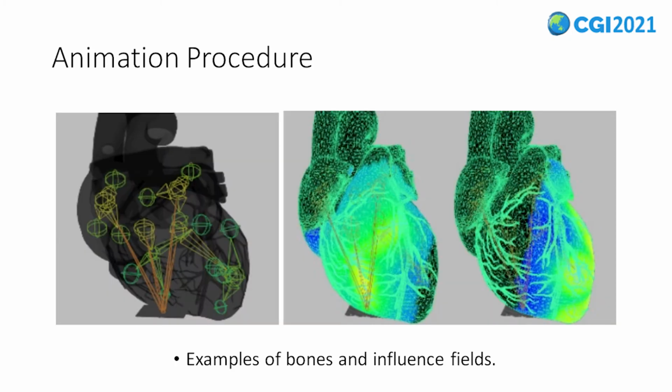Then, with the 3D software Autodesk Maya, we created a skeletal structure with rigging bones that starts on a root and branches out to the different regions of the heart, like right and left atria and ventricles. Once the bones were in place, we defined each bone's field of influence on the 3D heart's mesh.